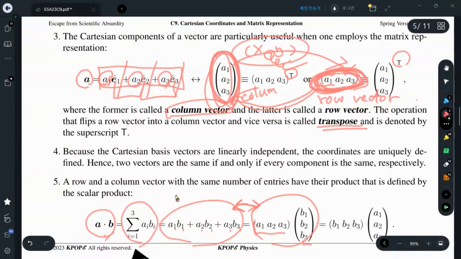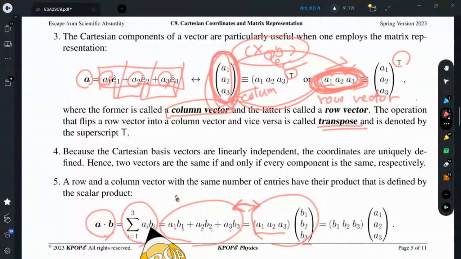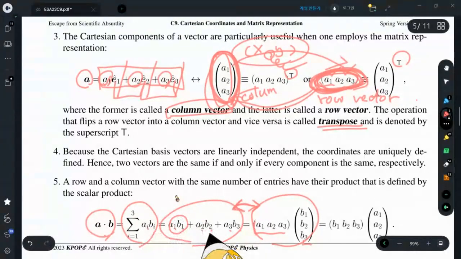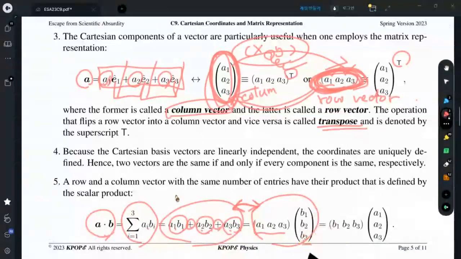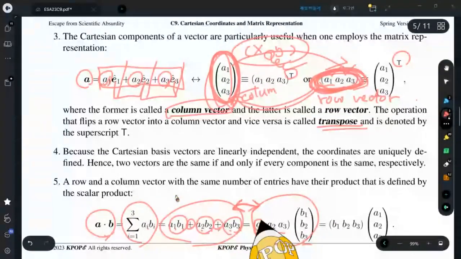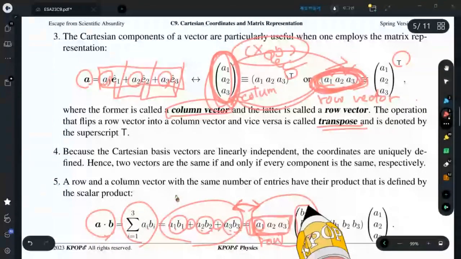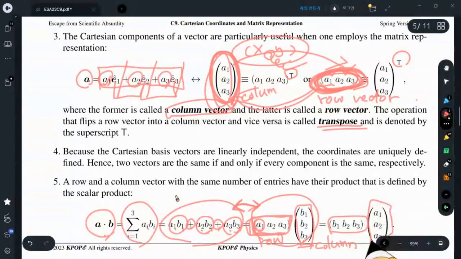It looks busy, but this summation indicates that A1B1, A2B2, A3B3 are all summed, right? This notation indicates that here I always write a row, and here I always write a column. Either way, row first and then column.